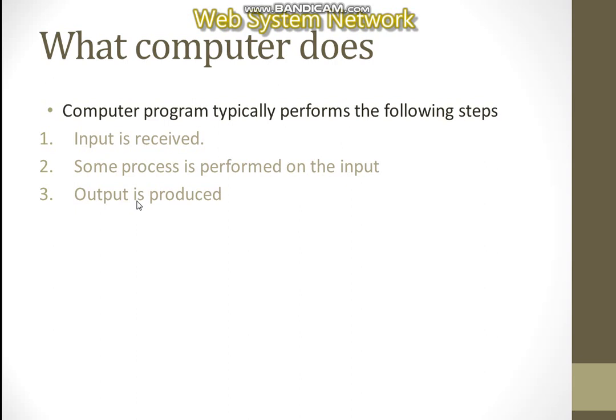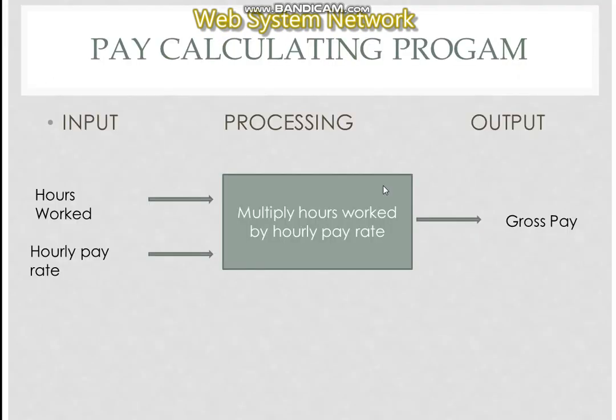That is the work that a computer does. It's not limited to that, but the most general thing a computer does is receive an input, perform some process on it, and then output the result on the screen, or in whatever method you choose to output it.